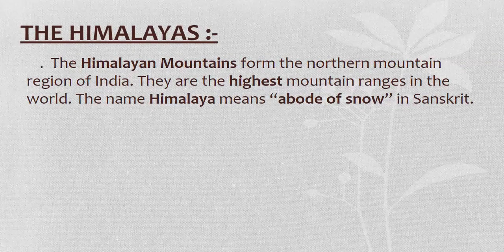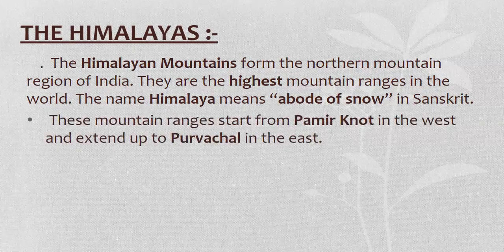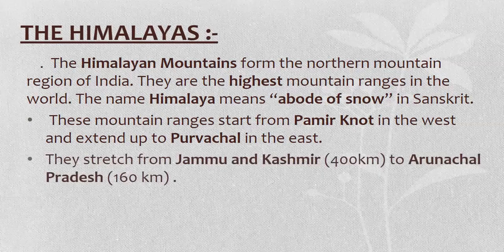The Himalayan mountains form the northern mountain region of India. They are the highest mountain ranges in the world. The name Himalaya means abode of snow in Sanskrit. These mountain ranges start from Pamir North in the west and extend up to Purvachal in the east.